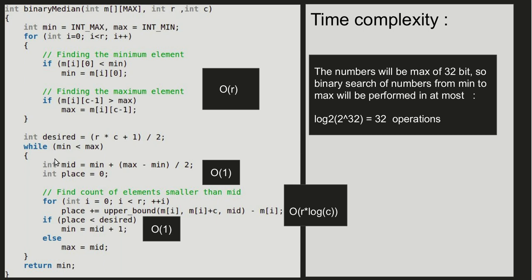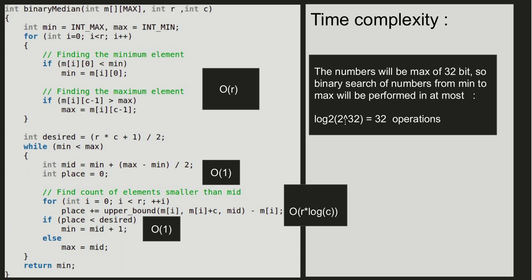Now we have to see for how many iterations this loop runs. In the worst case, the numbers will be at max 32 bit. An integer is at most 32 bit. So the binary search of numbers from min to max will be performed for at most log base 2 of 2 to the power 32. 2 to the power 32 is the maximum range possible.